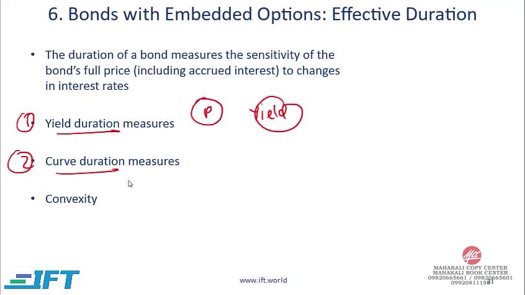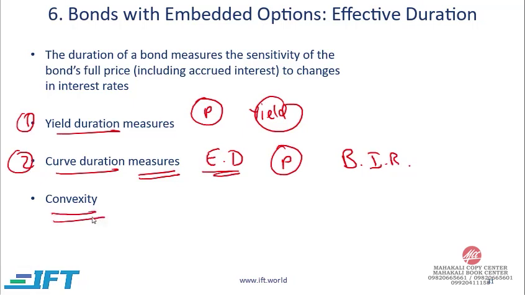The most popular curve duration measure is effective duration, which we will discuss on the next slide. Broadly speaking, these measures look at the sensitivity of bond prices to changes in benchmark interest rates. After discussing effective duration, we will then talk about effective convexity.